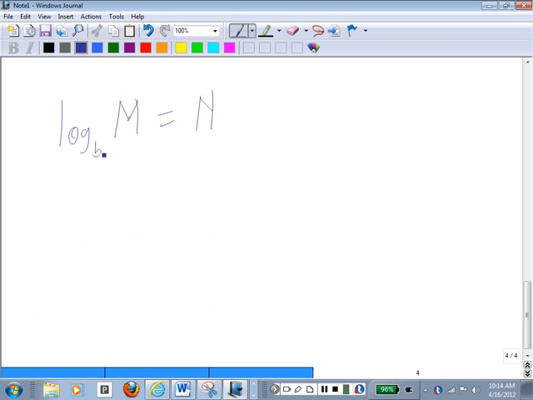Now, if b is just a number, no x's, and n likewise is just a number, when we rewrite this in exponential form, going from logarithmic form to exponential form, the base is b.